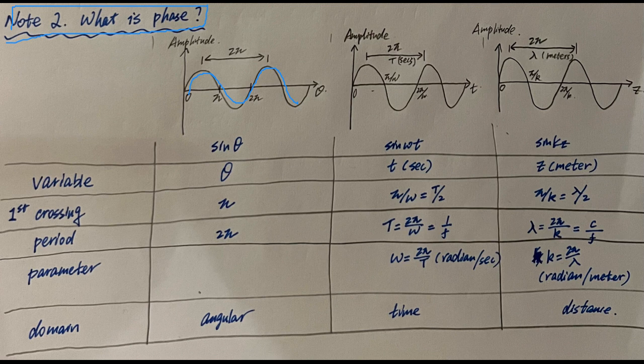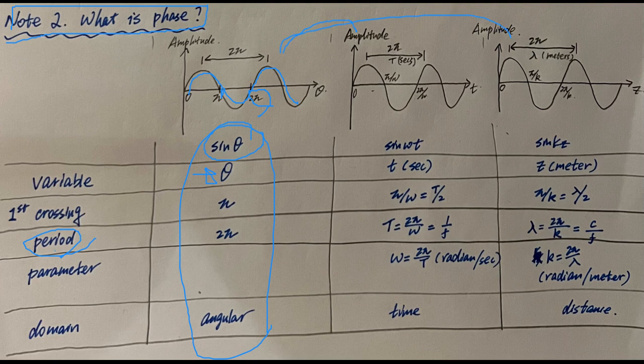For a simple sine function, the only variable is the phase. The first crossing is half of the period, pi here, and the period is 2 pi. This whole thing is in the angular domain. We are interested in how the wave propagates over time and over distance.